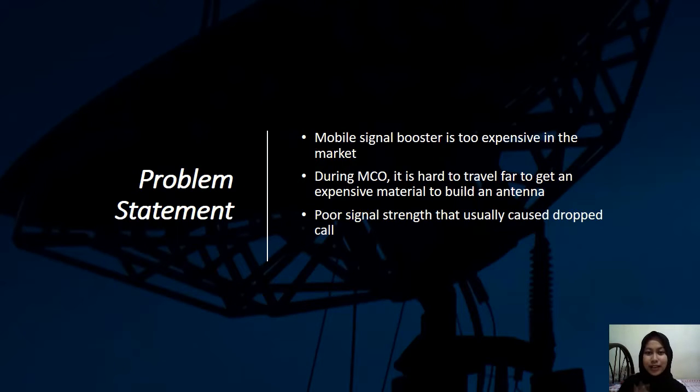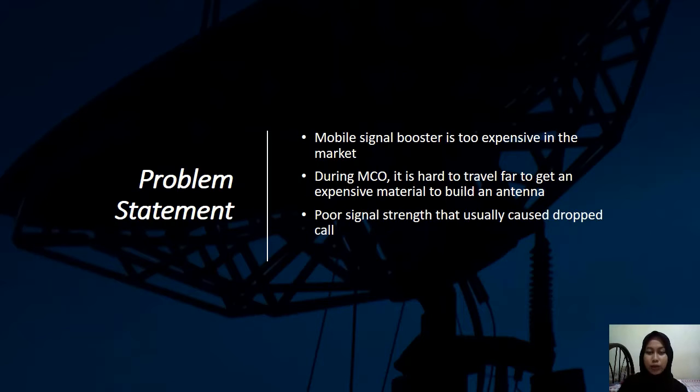So next, there are three problem statements for this project. The first problem is that mobile signal boosters are too expensive in the market. And the second one is that during MCO, it is hard to travel far to get expensive materials to build an antenna, since this project was done during the pandemic and we had to stay at home and stay safe.